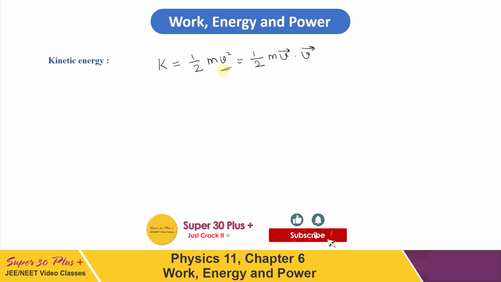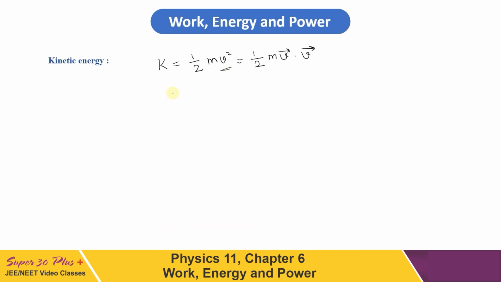Now from the definition of kinetic energy I have just stated, we can write dK by dt. I am differentiating kinetic energy with respect to time, so it can be written as d by dt of half mv square. That can be written as mv dv by dt, that is m dv by dt times v, and v is speed here, not velocity, do remember.